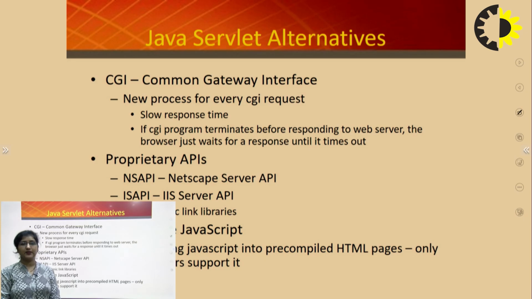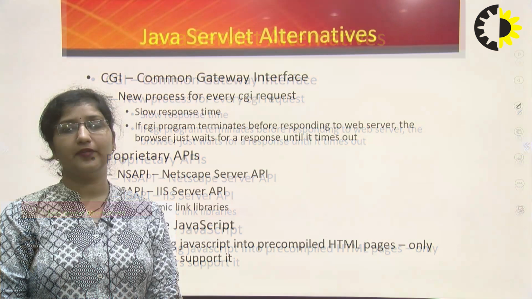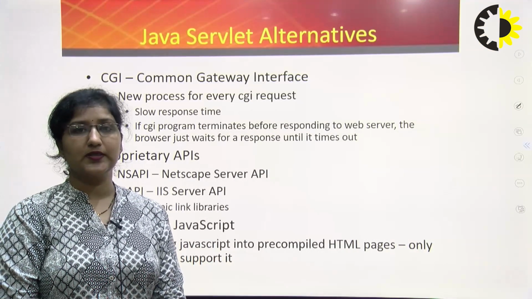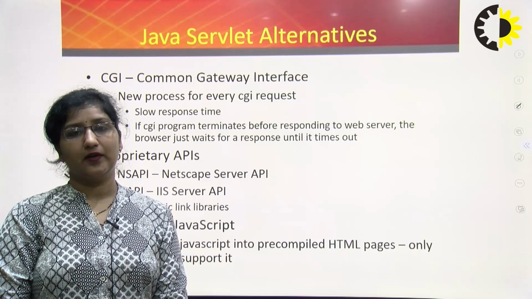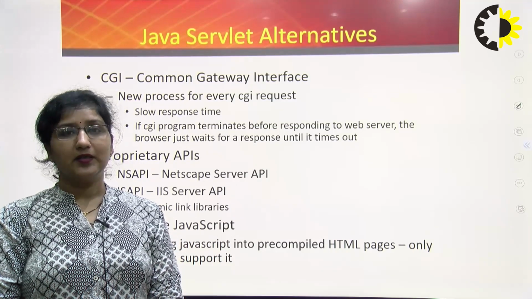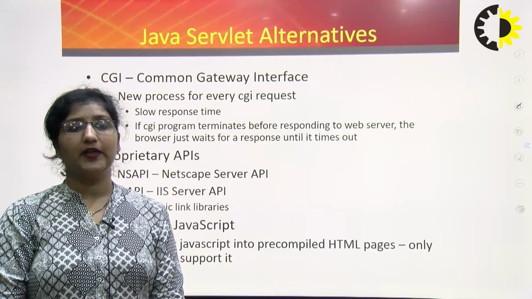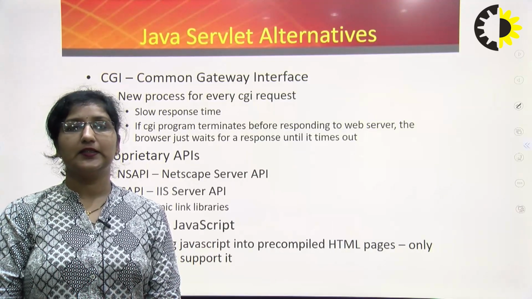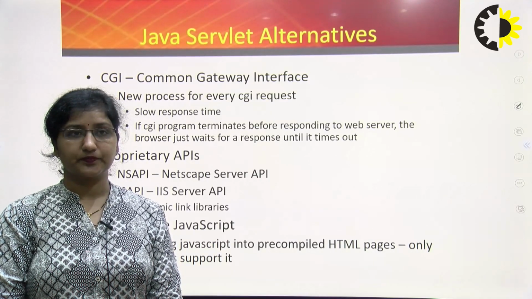These are various alternatives to servlets. First one is the CGI, which, as we know, stands for Common Gateway Interface. A new process is created for every new CGI request. But the problem with CGI is that it has a slow response time.